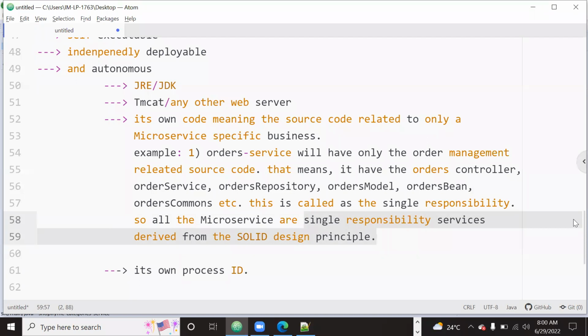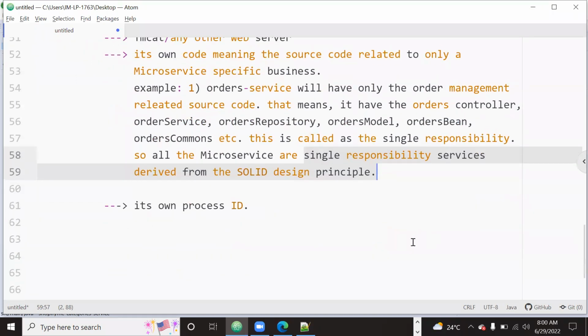Microservices can be implemented in any programming language, so they are called a polyglot architecture.